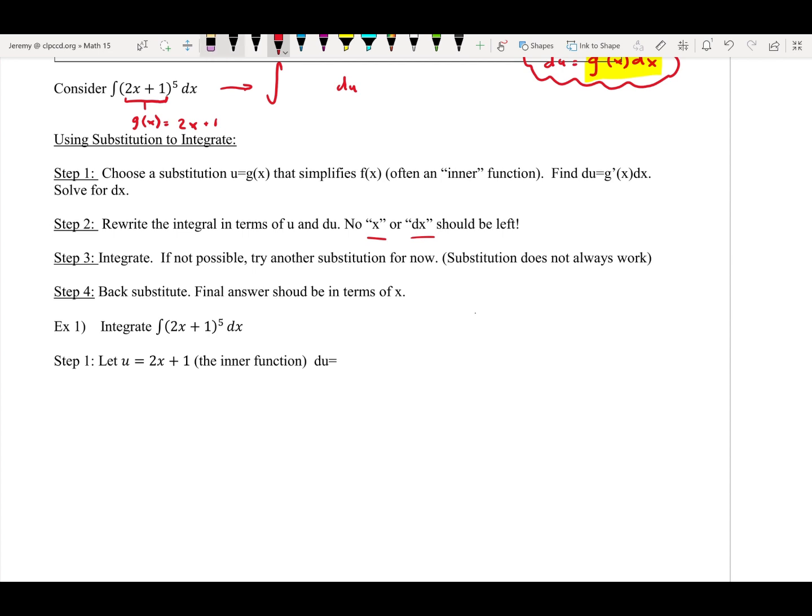Really what we're doing here is, we'll have a difficult problem in terms of x, and this is very common in mathematics. We'll have some kind of hard problem and we're trying to find our way to the solution.